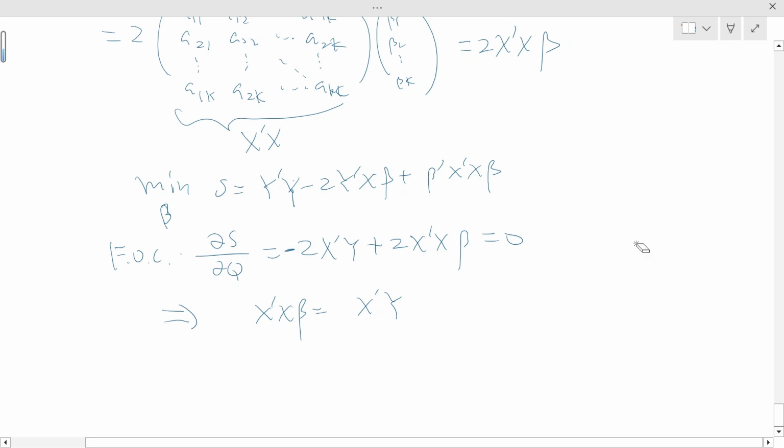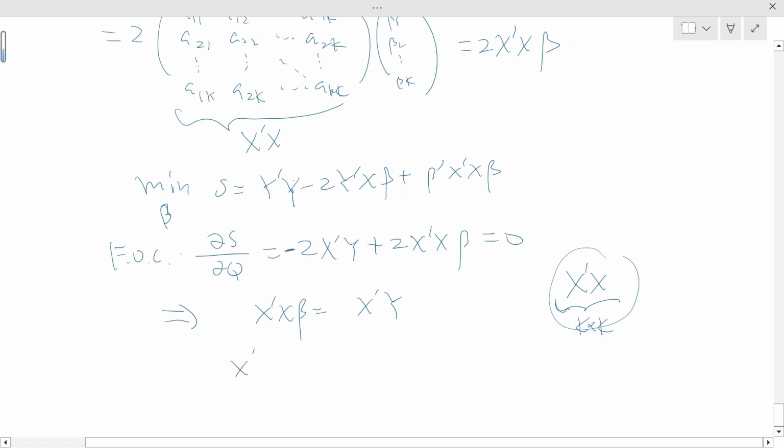Now we need this matrix X prime X, which is a K by K matrix, to be invertible, full rank. And that's why one of our assumptions is that there's no multicollinearity. If there's multicollinearity, then we cannot invert this matrix.